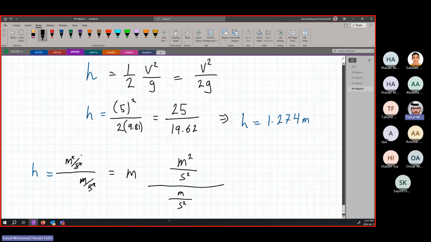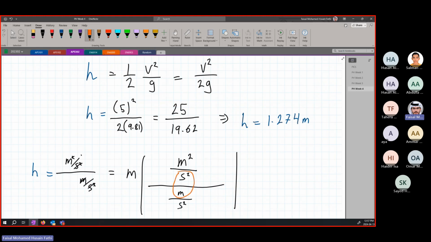The way I usually solve if I have this double fraction, I take the close ones together. So I'm going to take this and this together and multiply them, and the further apart ones I'm going to take and multiply them. The further apart ones are going to be up and the ones closer together are going to be down. Okay, so it is meters squared second squared divided by meters times second squared.